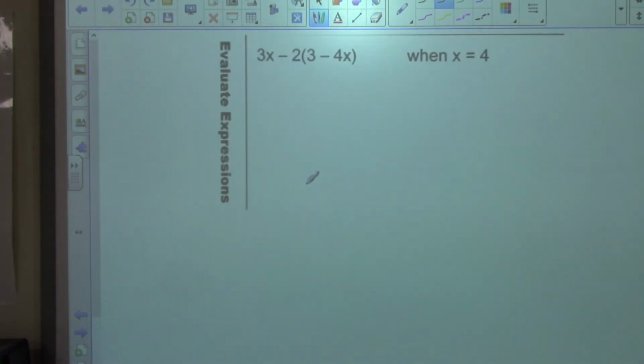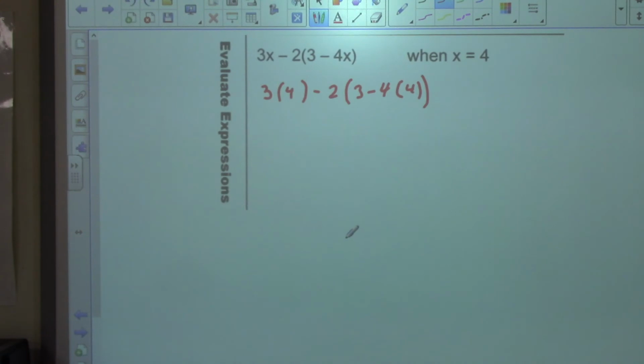Next, we have this one here, evaluate expressions. Evaluating expressions is basically plugging in for x. So any place I see x, I'm going to replace that with a 4. And I put minus 2 times 3 minus 4. And then I'm going to replace this x with 4.